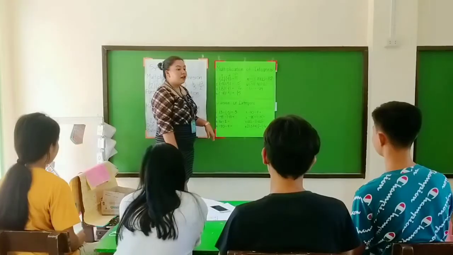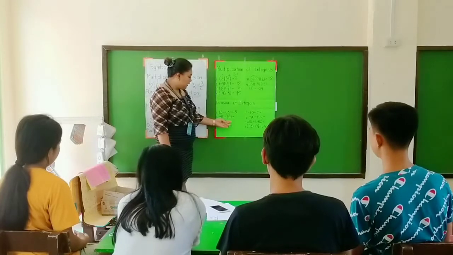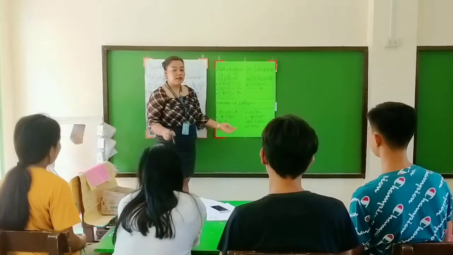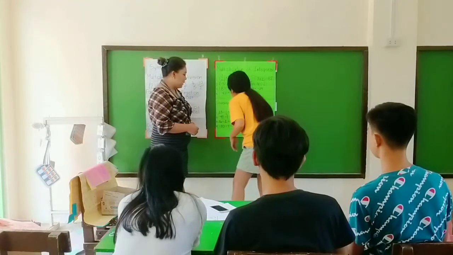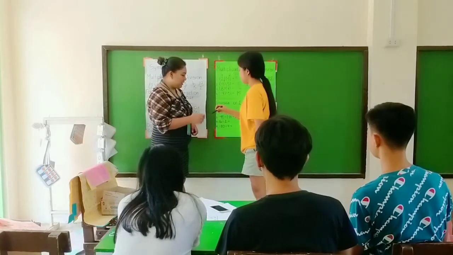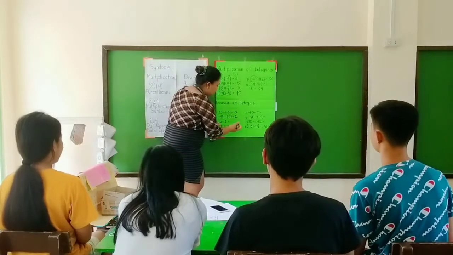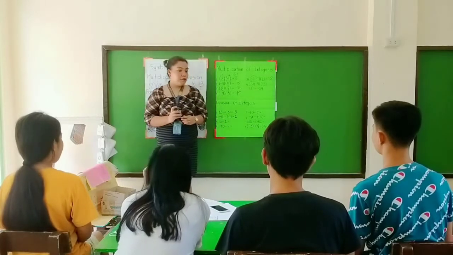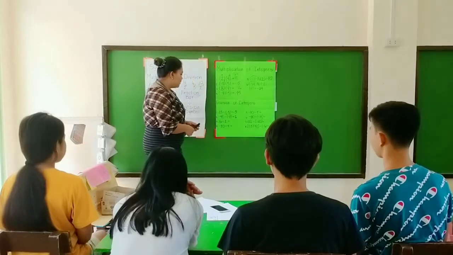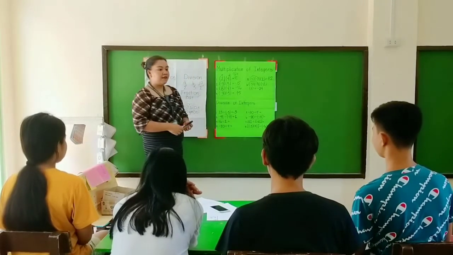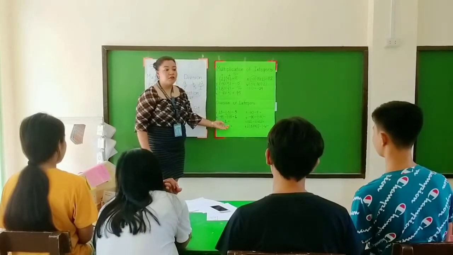Okay, is this correct? Yes, ma'am. Number 2 equation is negative 42 divided by negative 7. Okay, Jenny. Positive 6. The integer she used is positive. Is that correct? Yes, ma'am. Okay, very good. So number 3 equation is 16 divided by 2, or positive 16 divided by positive 2 is equal to?